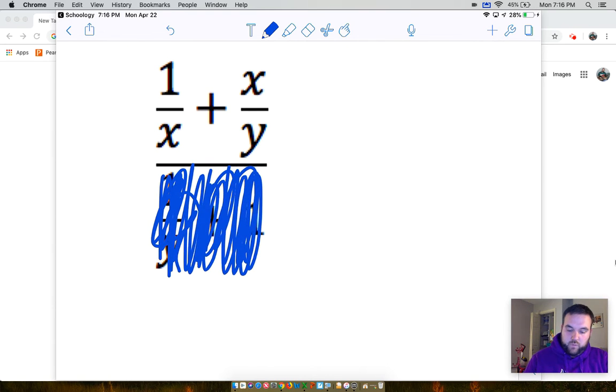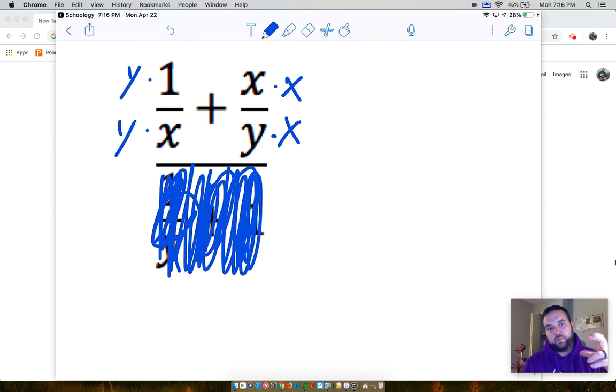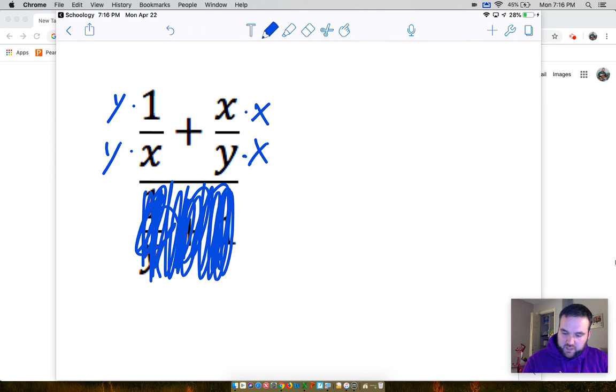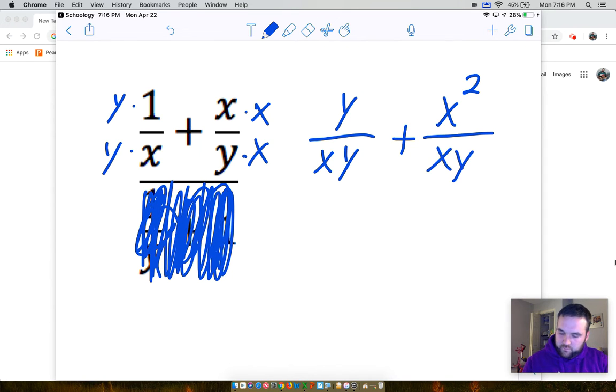I have denominators of x and y, so that means I need to multiply the first one by x on top and bottom, and to multiply the second fraction by x, the first fraction needs y, so then this becomes y over xy plus x squared over xy.